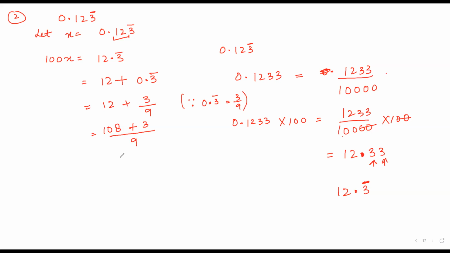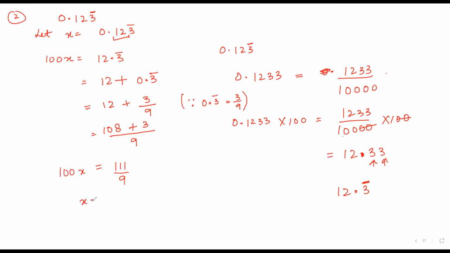Adil. No, I'm okay, you're okay with it. Zainab. No, ma'am. Okay, fine. Then Tulika. No, ma'am. Okay. Now you add it. So 108 plus 3 becomes how much? 111 divided by 9, right? And this side you have 100 of x.